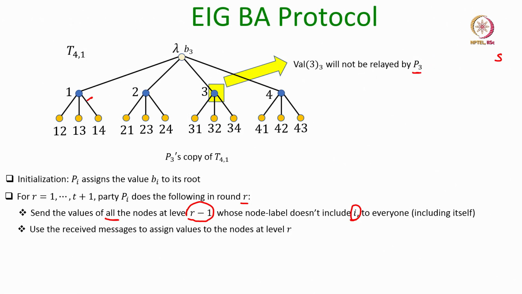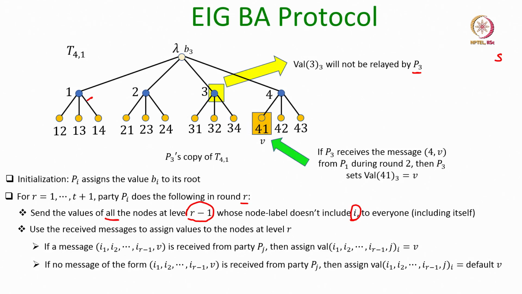Now, based on the messages received, every party assigns values to the nodes at the next level. Namely, if Pj is reporting to Pi that the value of the node with this tag was v, then Pi decorates the node at the next layer whose tag is this with the value v.